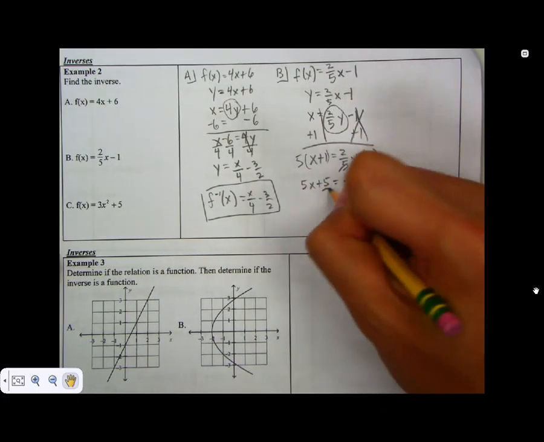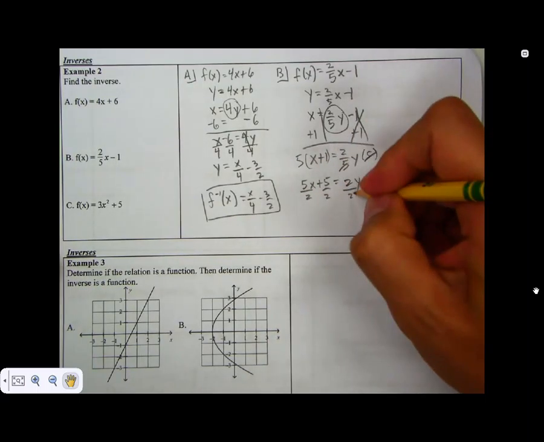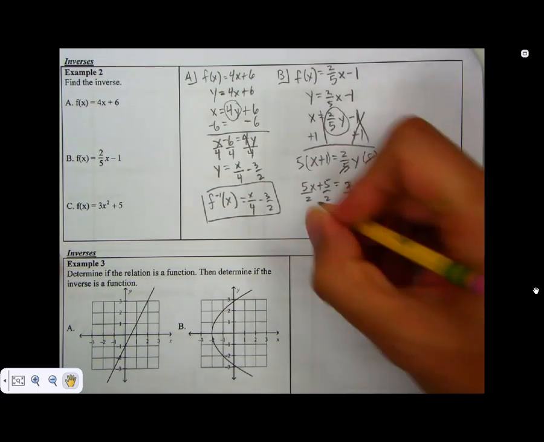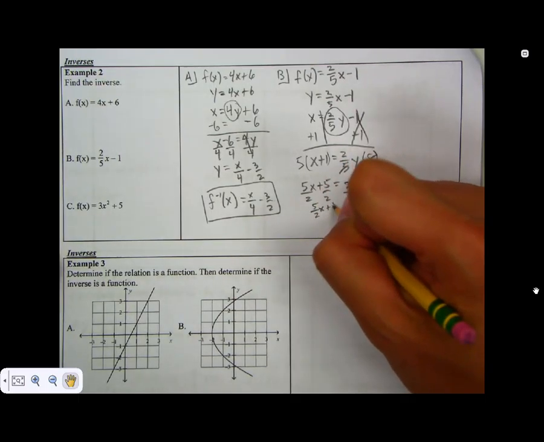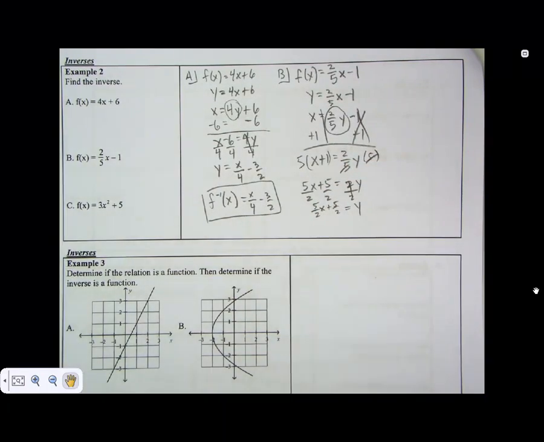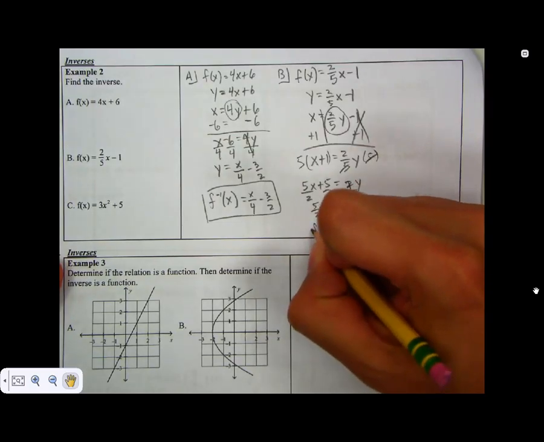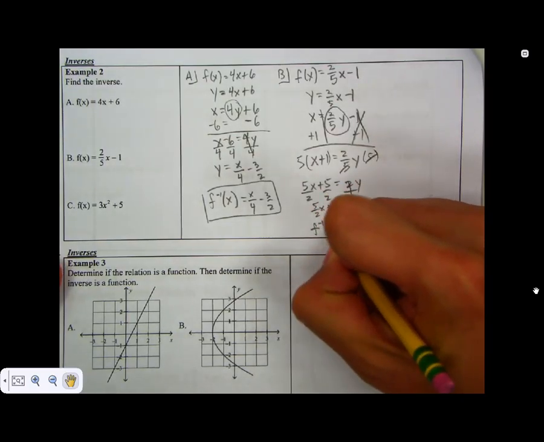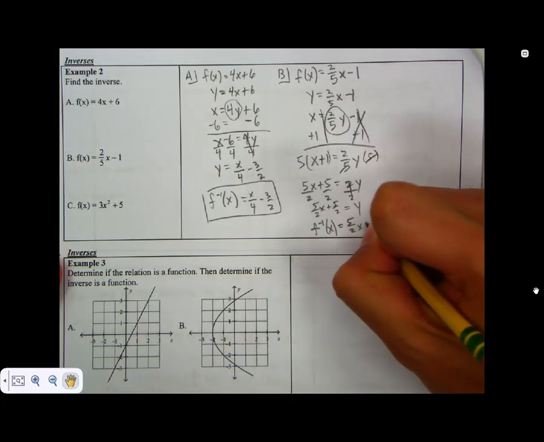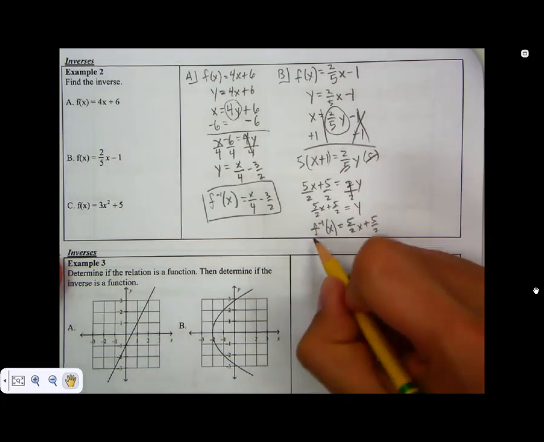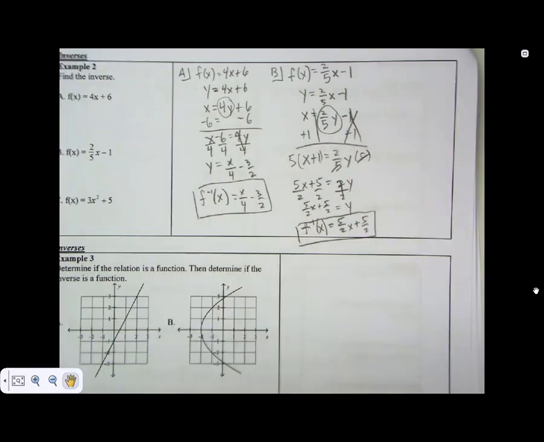Divide everything by 2. y equals, you can't reduce, so 5 over 2 x plus 5 over 2. Okay, I just have to write it in inverse notation. The inverse of f of x is equal to 5 over 2 x plus 5 over 2. And that's our answer.